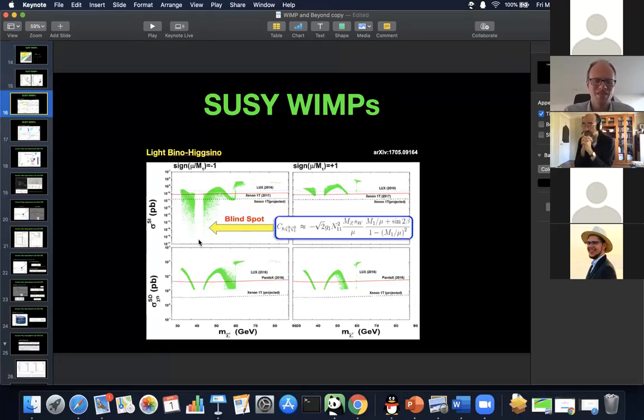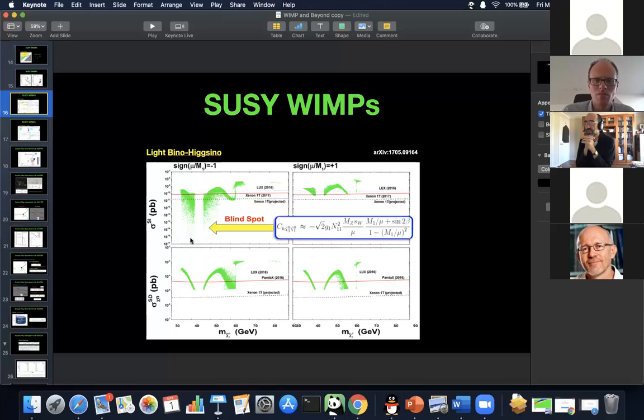So there's a gap there from the relic density constraint, but then there's a blind spot around that which is wider. So there's a relic density constraint in the middle, a blind spot around it, and then a region where we currently see things.